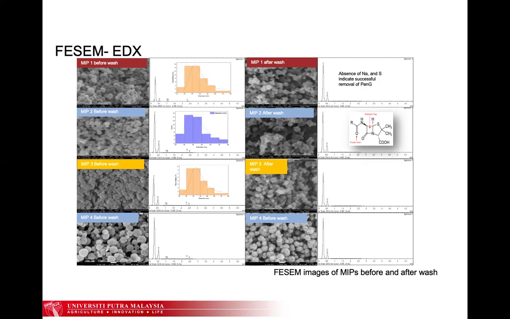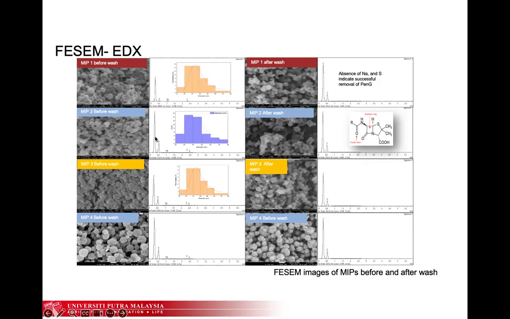If there are no tiny holes on the surface of the polymer, then the polymer will not be able to rebind the molecules that we designed it to rebind. So it is important to have a good solvent, which is what we call a porogen, to get the best porosity.